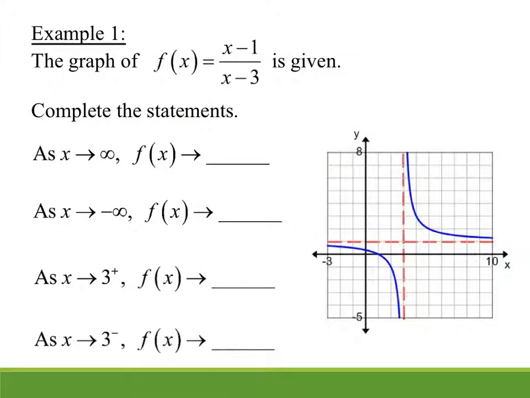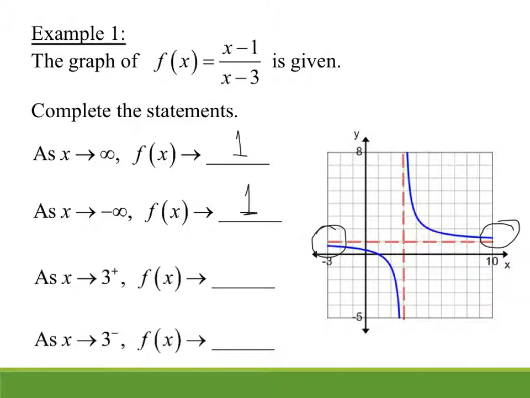In our first example, we're given the function f of x equals x minus 1 divided by x minus 3. We're going to complete the following statements. As x approaches positive infinity, f of x is approaching 1. And we can see that on the graph. As x approaches negative infinity, we're now over here, f of x still approaches 1.